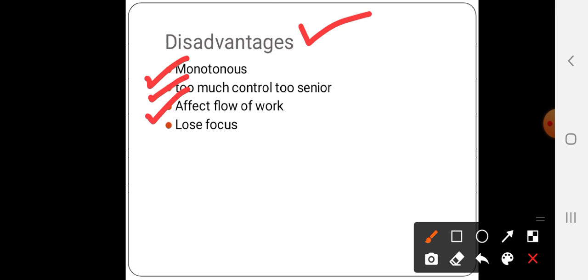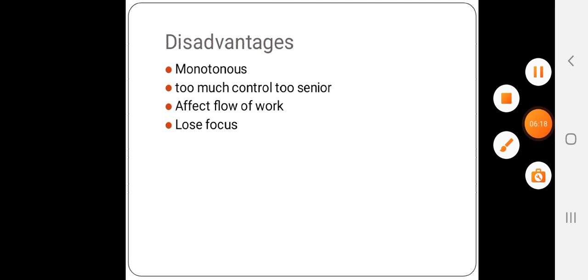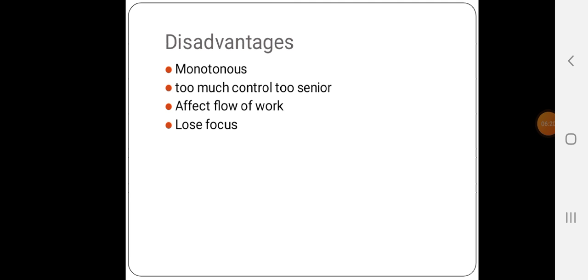Next is loss of focus. Job enlargement can cause employees to lose focus on their core competencies, and they may start focusing on certain irrelevant things as well. So those are the disadvantages of this job design.